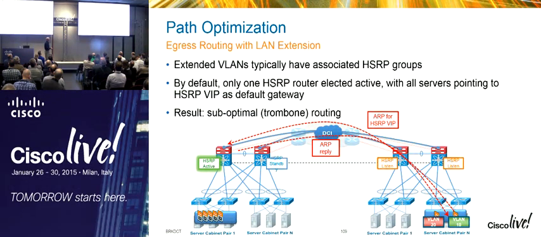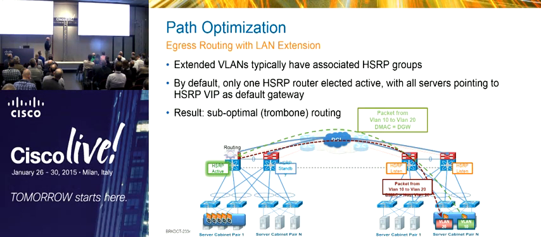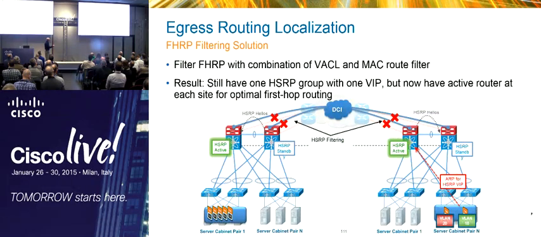What I like to do, if I can get away with it, is I don't want tromboning. So to get away from it, I want to force HSRP packets to be blocked between these sites. So I filter out my HSRP messages between the two locations. Now, if these guys want to talk, they're talking directly through their L3 switches at that site.